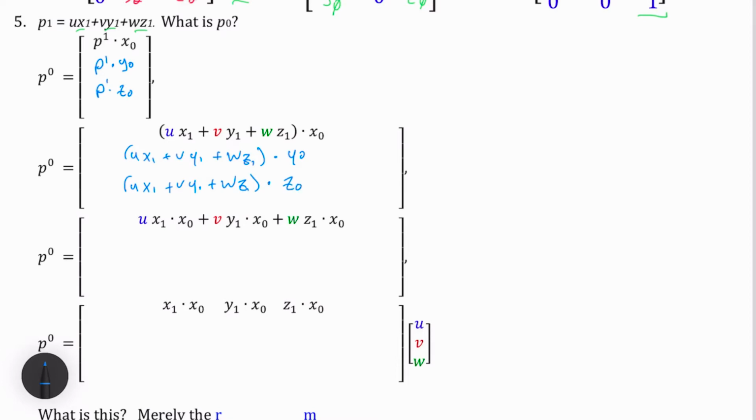And then now we can apply the distributive rule to that. So this is ux1 dot y0. And continue that for our z-coordinate.